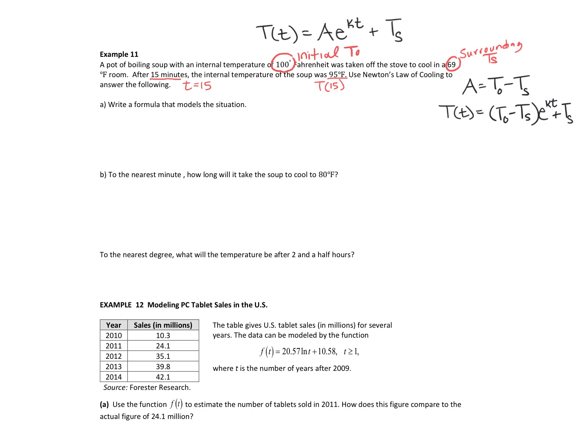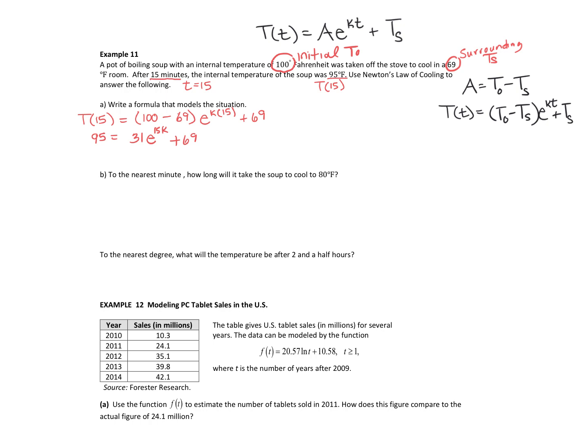So we're going to write T of 15 is 100, our initial temperature, minus 69, e to the kt, but t is 15, plus 69. And we know our T of 15 is 95. So we have 95 equals 31 e to the 15k plus 69.